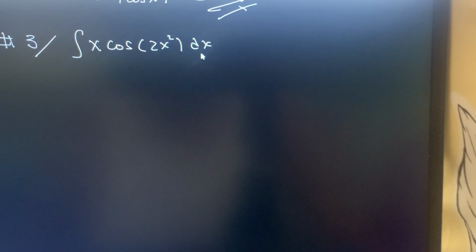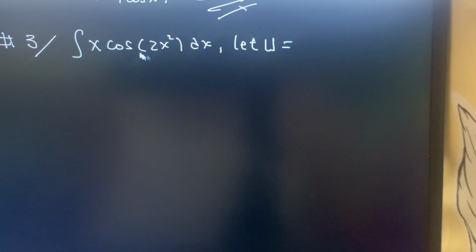Let's see, the integral of x times cosine of 2x squared dx. Now, as always, we have to say let u. What is my u?